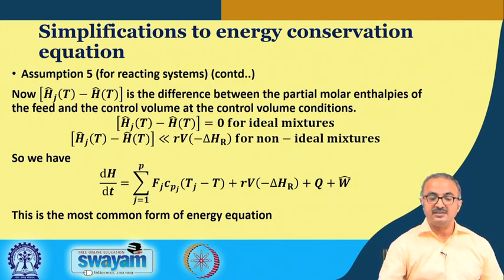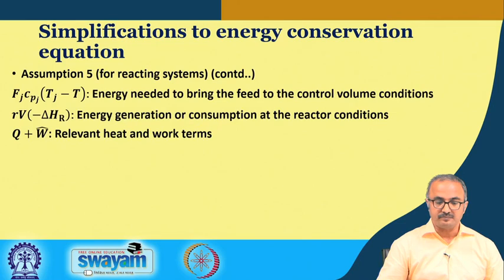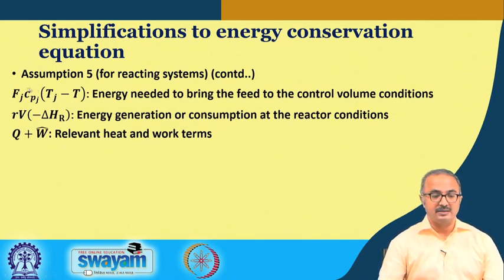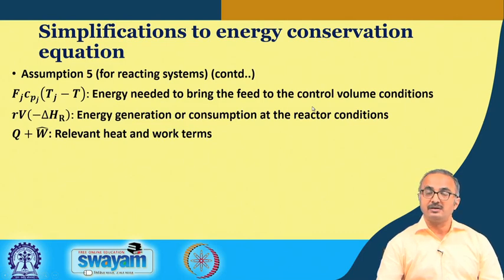This is the most common form of the energy equation, and you will see that we use this kind of equation many times. This particular term signifies the energy that is needed to bring the feed to the control volume conditions.